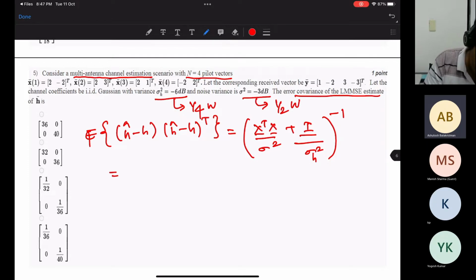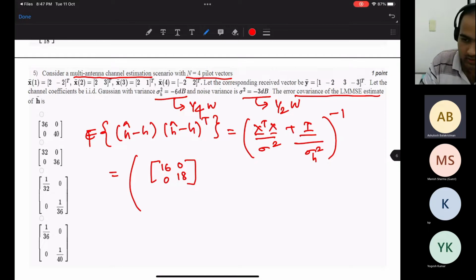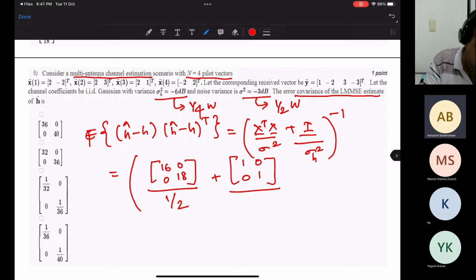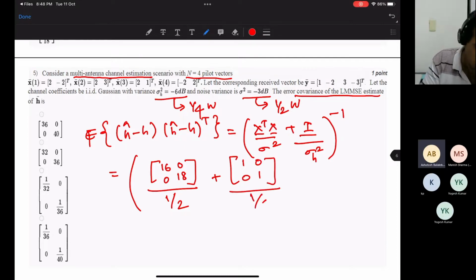So what is x transpose x? We saw it was 16,0,0,18, as in the last two examples, and sigma square is 1/2, plus identity for the 2 by 2 case, 1,0,0,1, and sigma h square is 1/4. And we'll take its inverse.